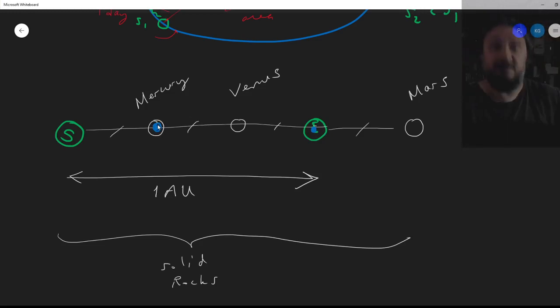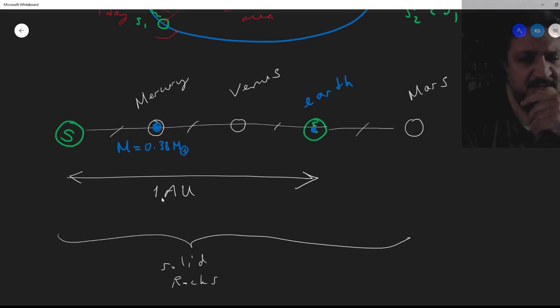It's heavy, and over a long time, Mercury actually shrinks because of this mass. But it doesn't have a breathable atmosphere like the Earth. It's smaller than the Earth, so the mass of Mercury is 0.38 mass of the Sun.